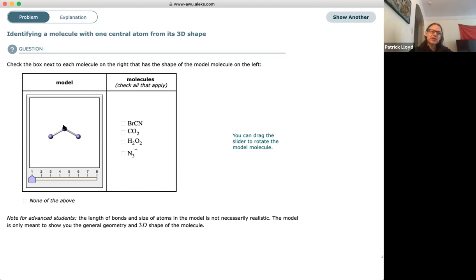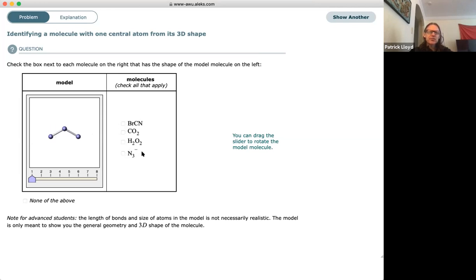You got one central atom and then you got two surrounding atoms. Now I would argue that these are all the same color, so you would think they were the same element. So if you look at this N3 minus, possibly, right? H2O2's got 4 atoms. That's not possible. There's 4 atoms. There's only 3 here. CO2 has 3 atoms, and then BrCN has 3 atoms.